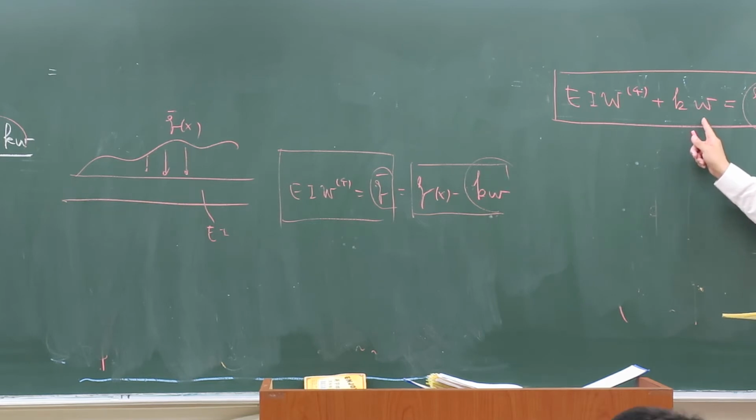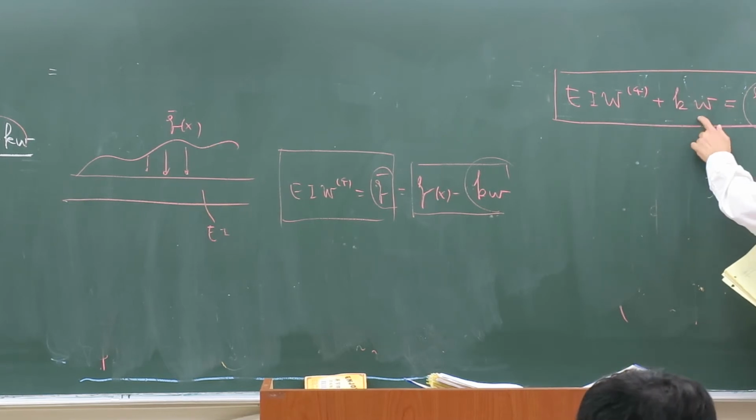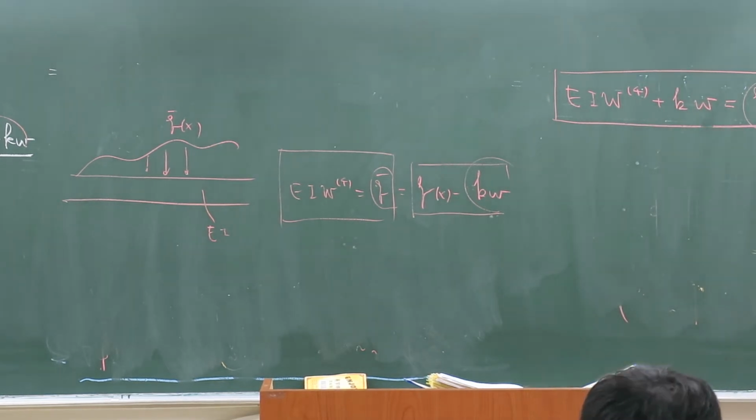So this is another one. Previously we didn't have this term, so we could integrate both sides, right? We could get a solution of w, but now you have a w term here. You have to solve this fourth order ODE, because w is a single variable function, and this is a non-homogeneous equation.